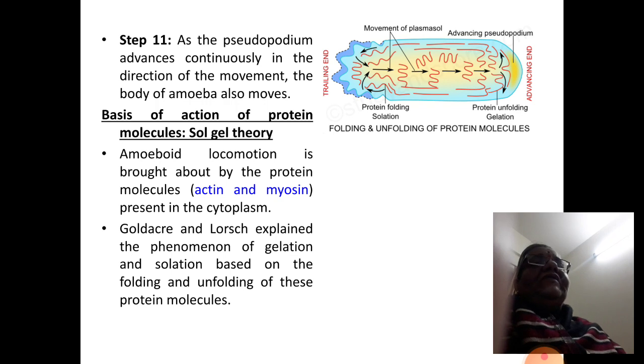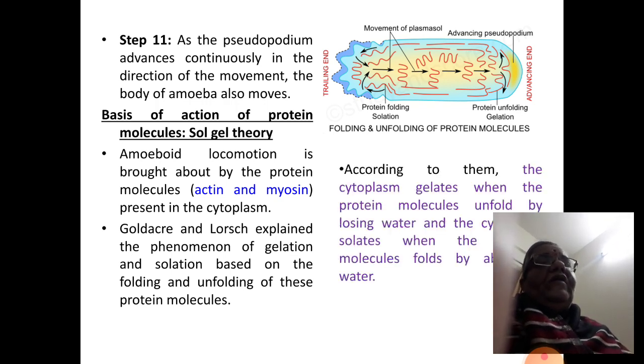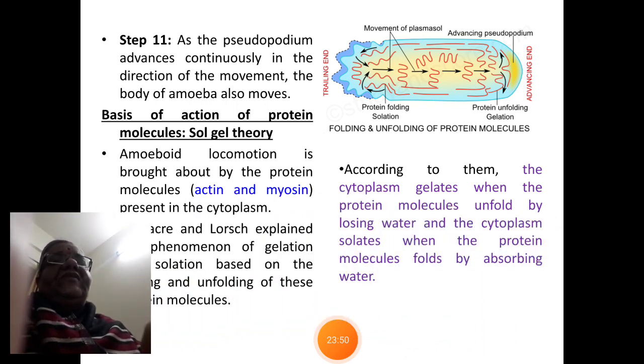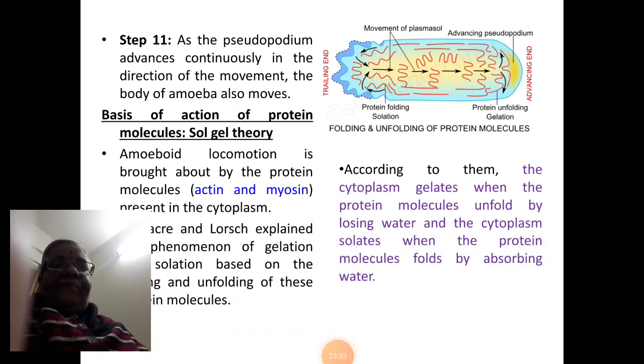You can see this diagram where, according to the scientists who proposed this mechanism of action of protein molecules, the cytoplasm gelates, that means it transforms into gel, when the protein molecules unfold by losing water. This happens in the anterior end below the hyaline cap.